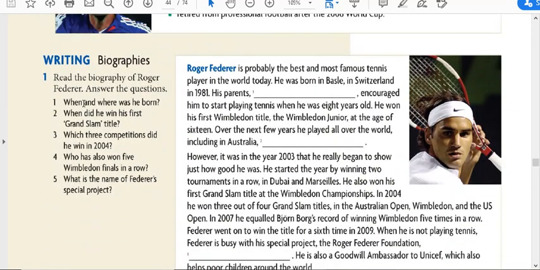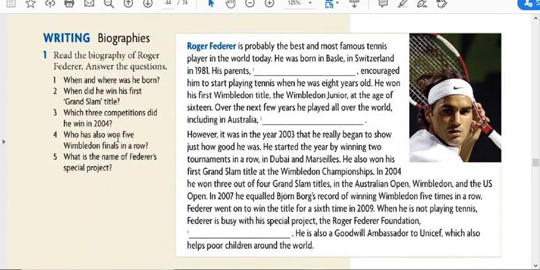So we move now to writing biographies. We got here a biography about a very famous tennis player, Roger Federer. Okay, and then we got 5 questions here. Then you might need to read this piece of information here and then try to answer these questions.